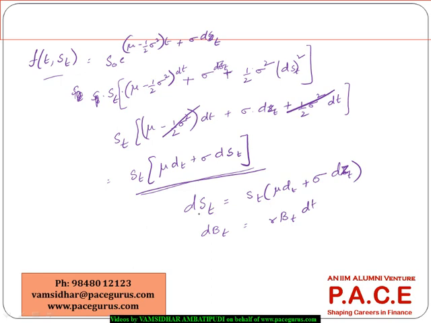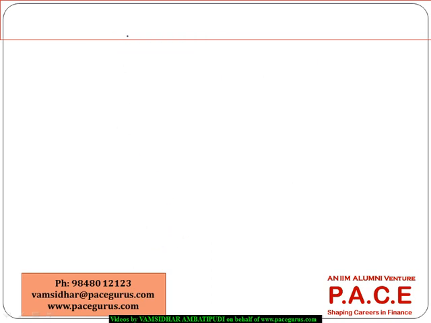Now using this, the Black-Scholes formula has come out, assuming the current share price being S_t, T being the time to maturity, and X being the exercise price.